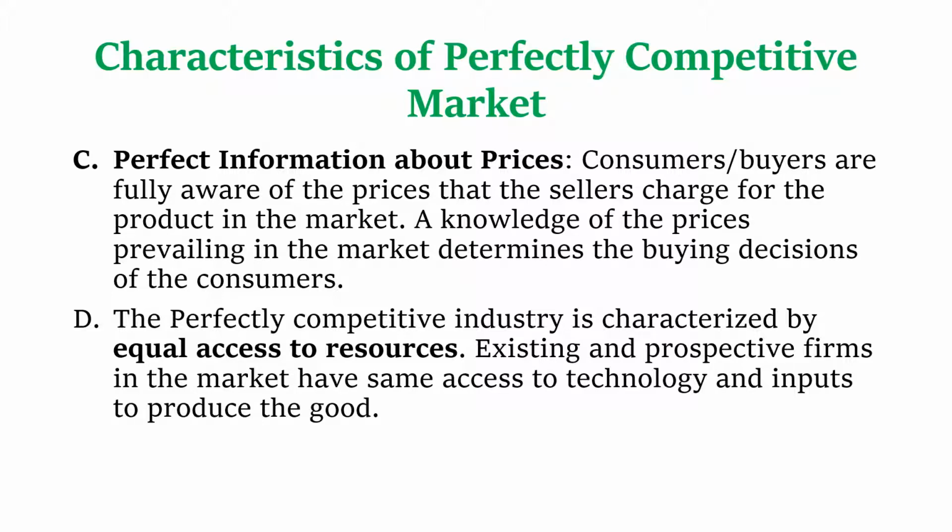If they continue to make a loss, then they can leave the industry. So there is free entry and exit. So this is the assumption of equal access to resources. That perfectly competitive industry is characterized by equal access to resources. So existing as well as potential firms in the market have the same access to technology and inputs to produce the good.